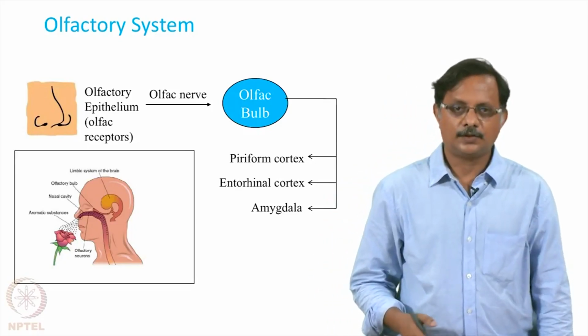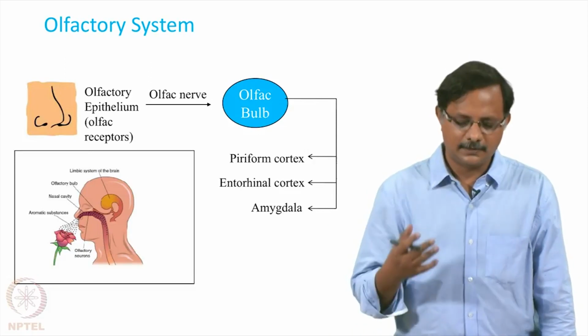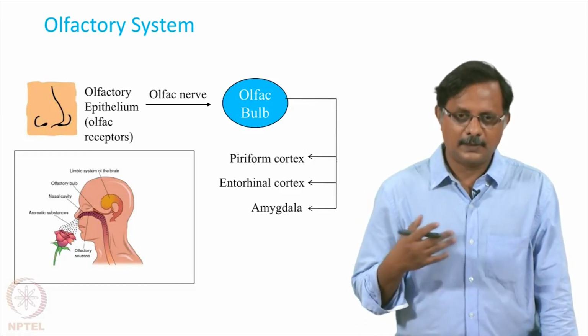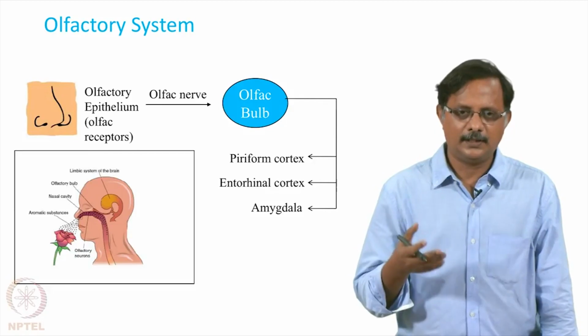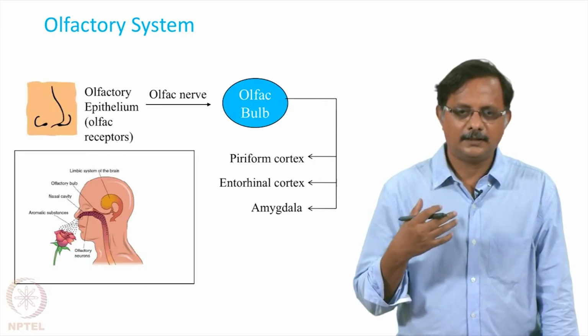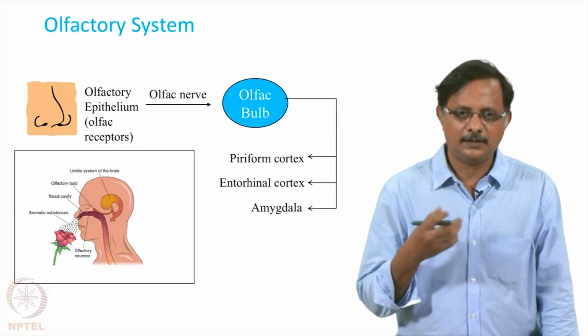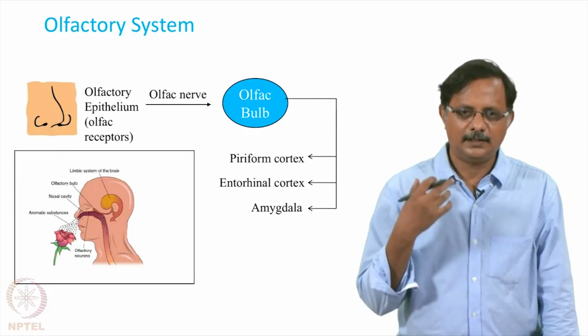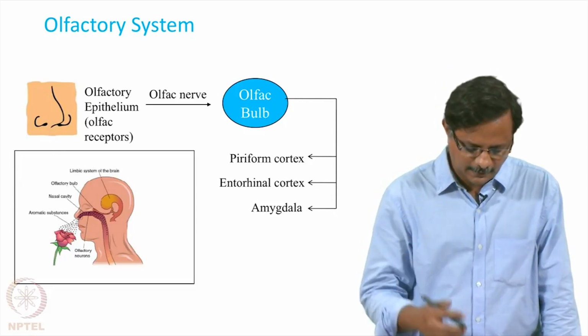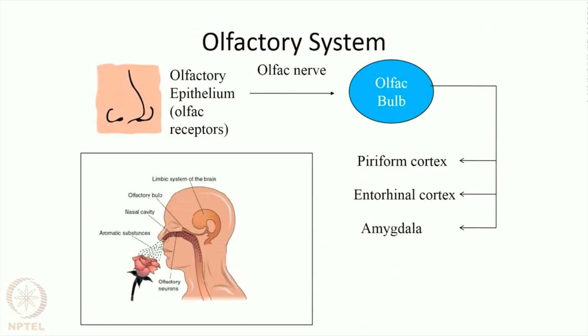Then let us look at the olfactory system, that is, how do you process smells. Smell is based on your inhalation, right. When you inhale, the smell molecules, the chemicals that produce smell, are taken into the nostrils, and here these molecules interact with the olfactory receptors inside the nostrils.